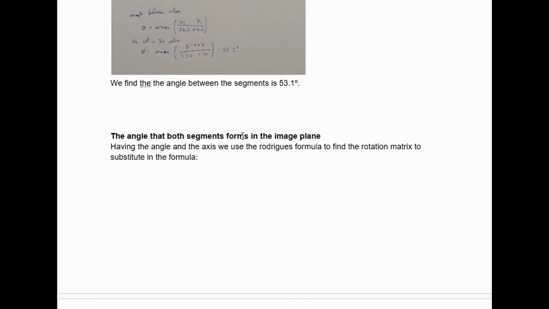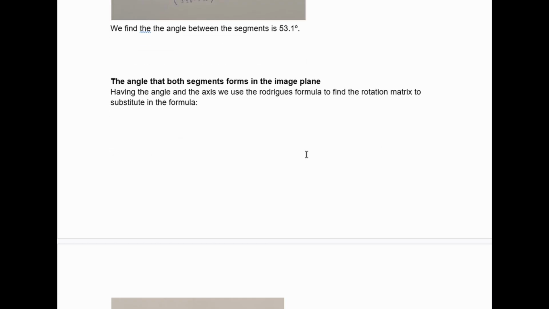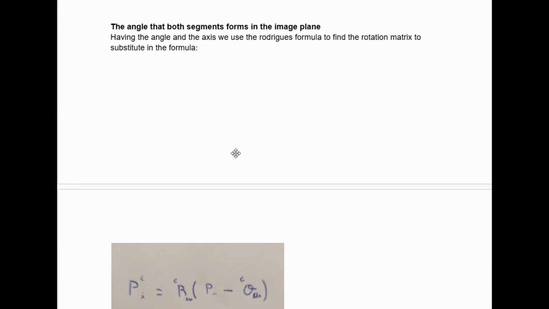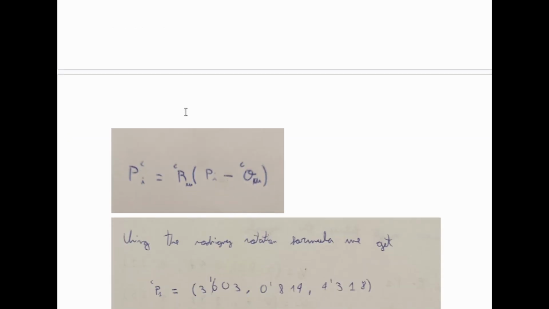Now we find the angle, but for the plane that the camera has. To do it, we have to find the rotation matrix.